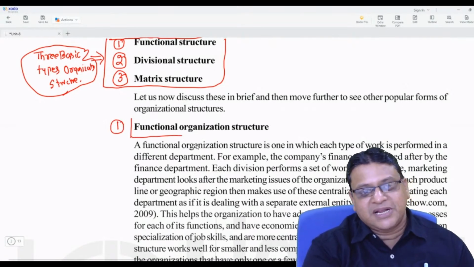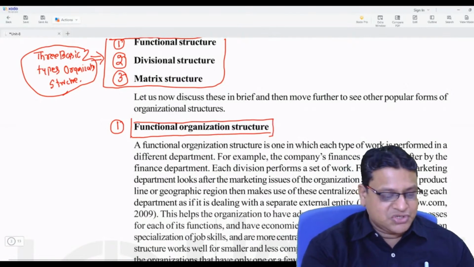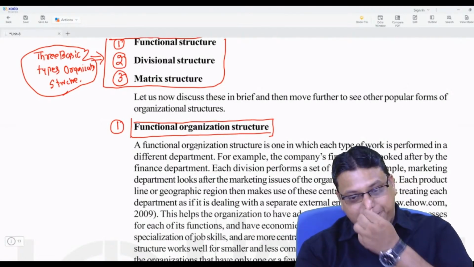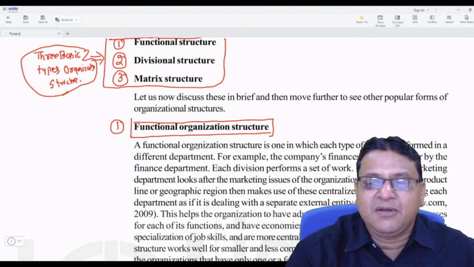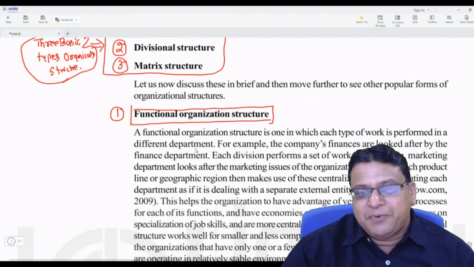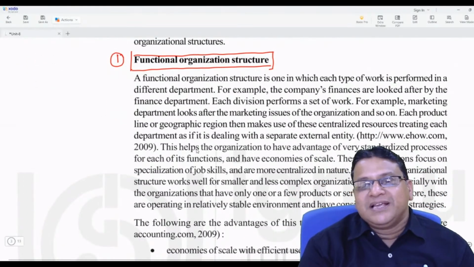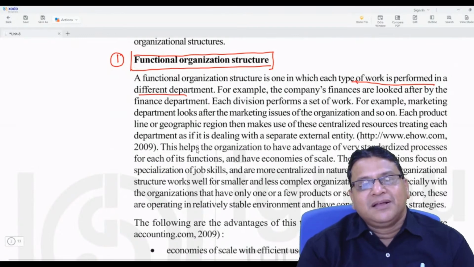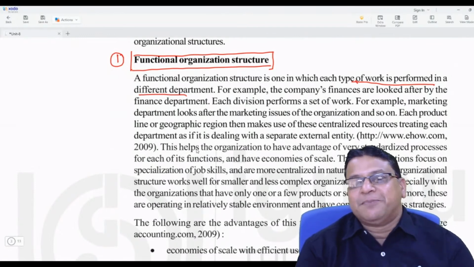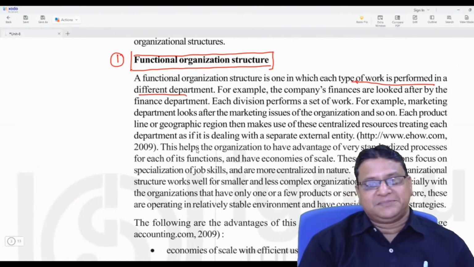What is functional organizational structure and in which business is this type of structure used? Now please see. Functional organizational structure is a type of organizational structure in which each type of work is performed in a different department. It means for finance work in an organization there will be a finance department. For marketing work there will be a marketing department.